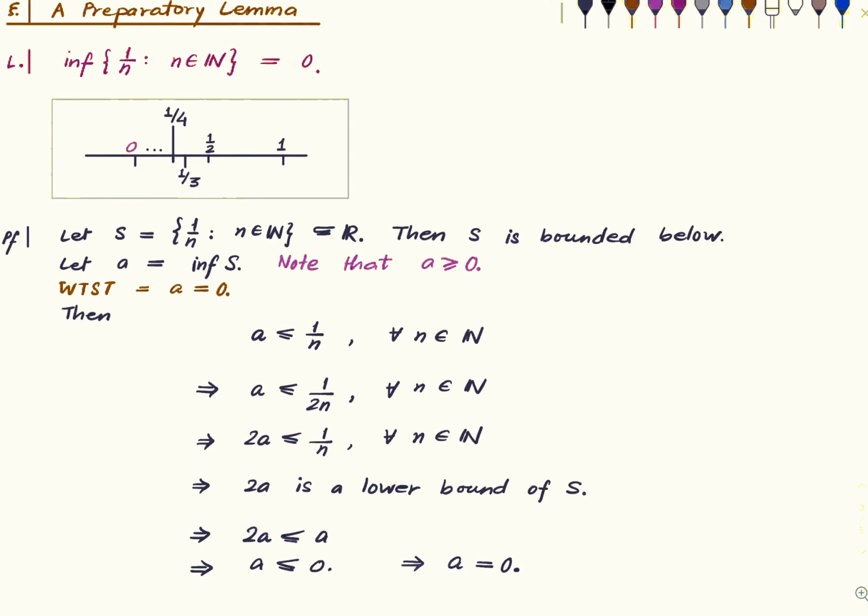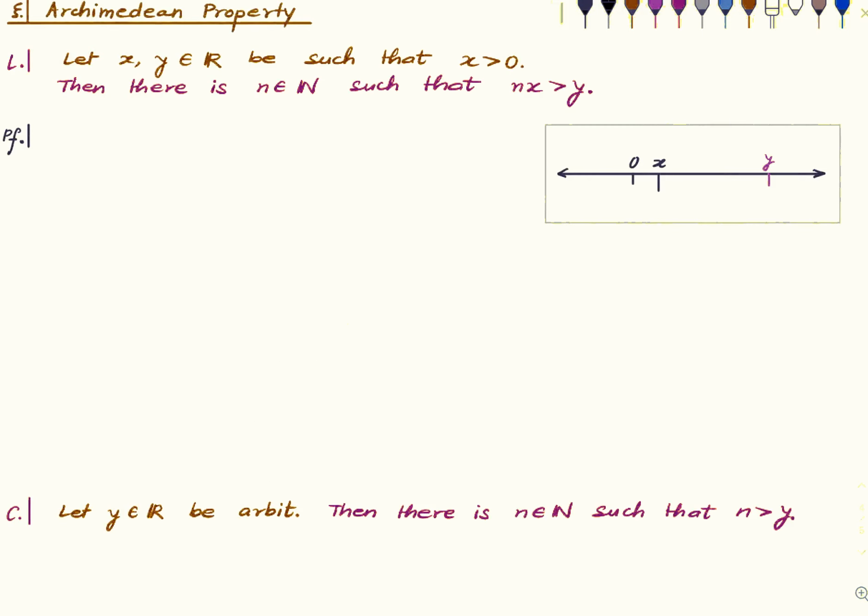Okay. So now here is the Archimedean property. It says that, fix two real numbers x and y such that x is positive. So we have depicted it here. Then there is some natural number n such that n times x dominates y. What does it say? It is saying that, let's say y is somewhere here.